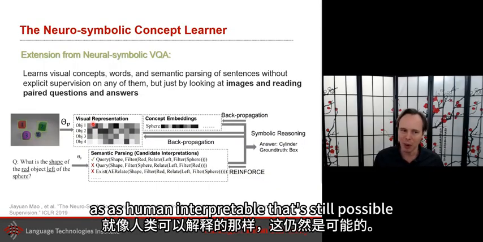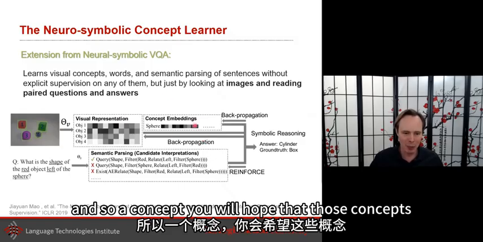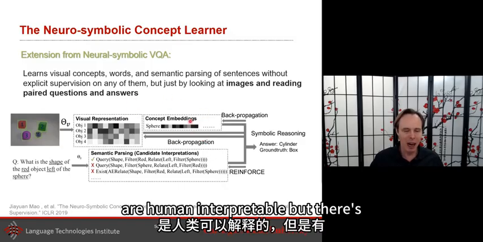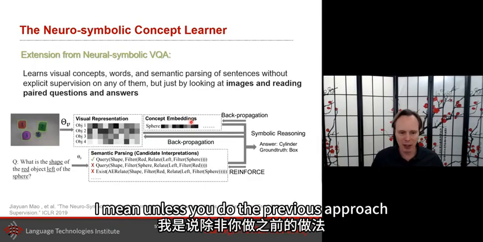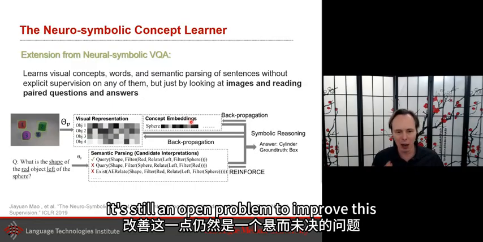That's still possible, but hopefully they are. You would hope that those concepts are human interpretable, but unless you do the previous approach, it's still an open problem to improve this.